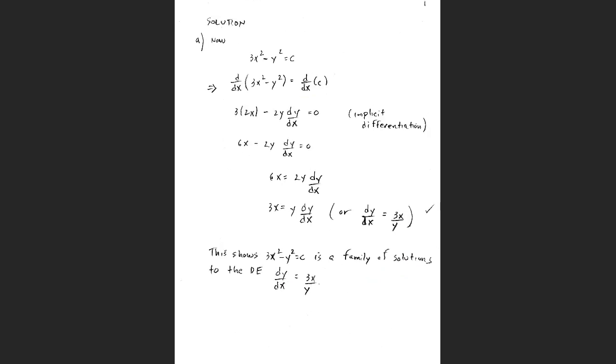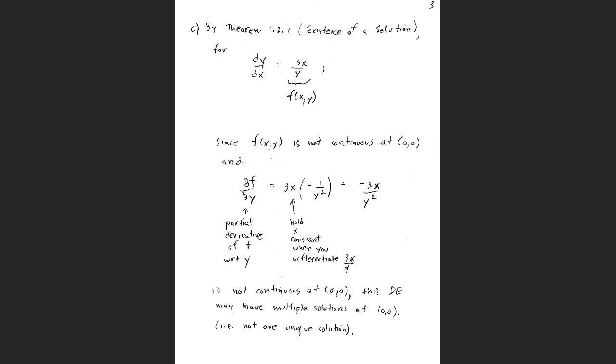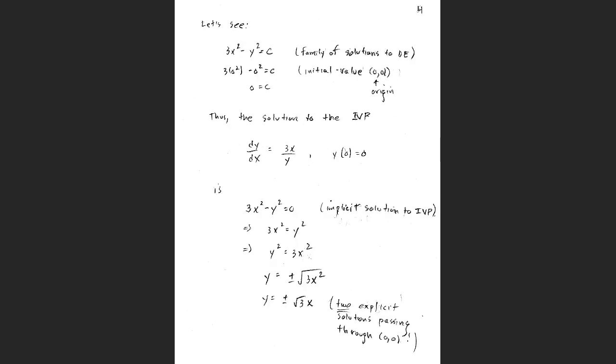So we're going to put 0, 0 into the family of solutions, and we'll get c equals 0. And so therefore, the solution to this initial value problem can be shown to be y equals plus or minus √3 times x.